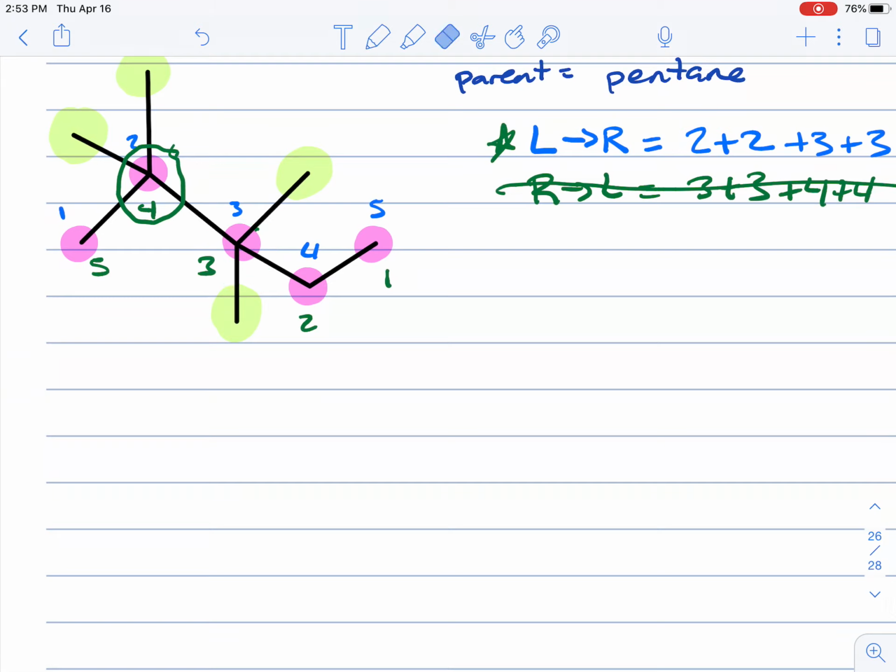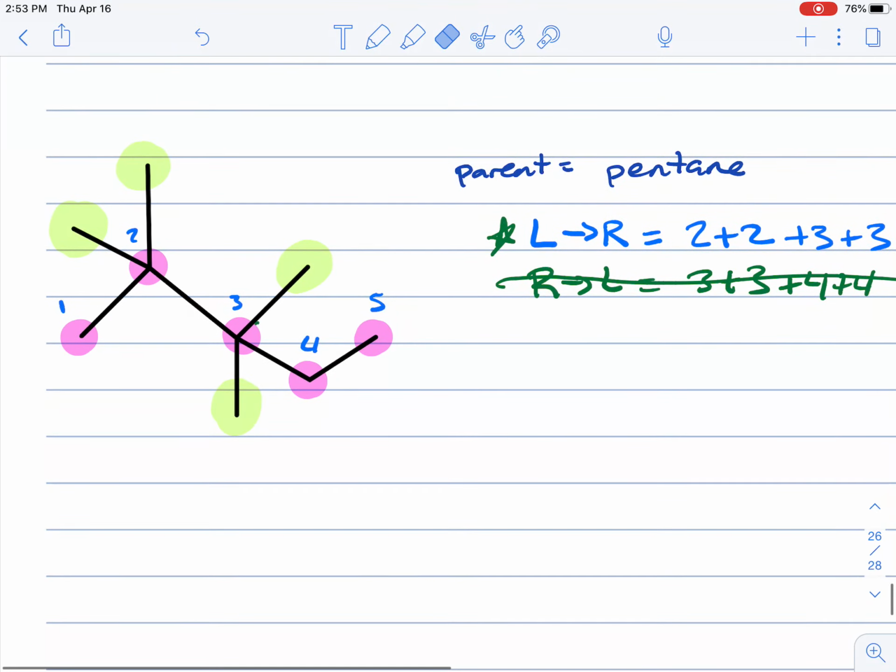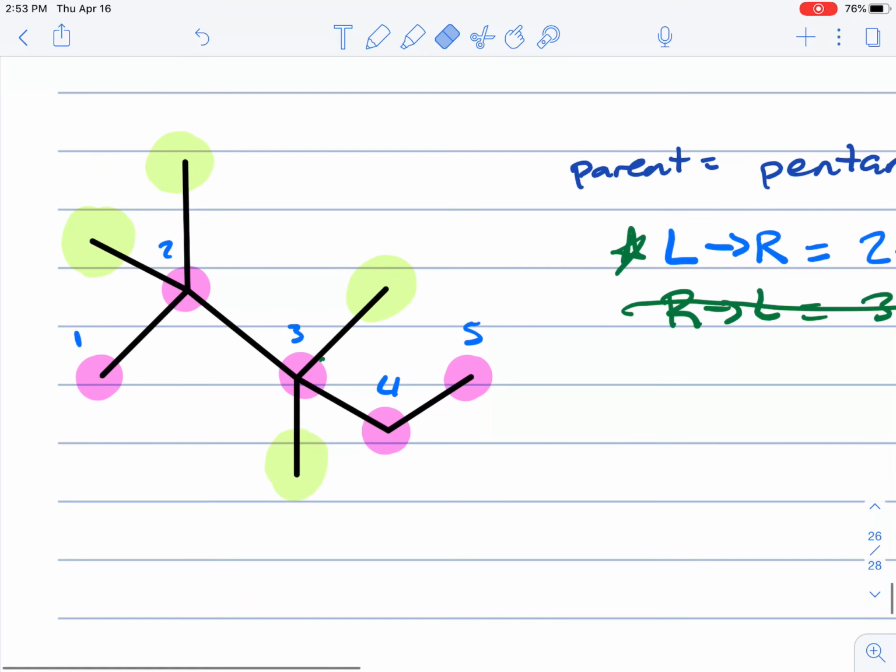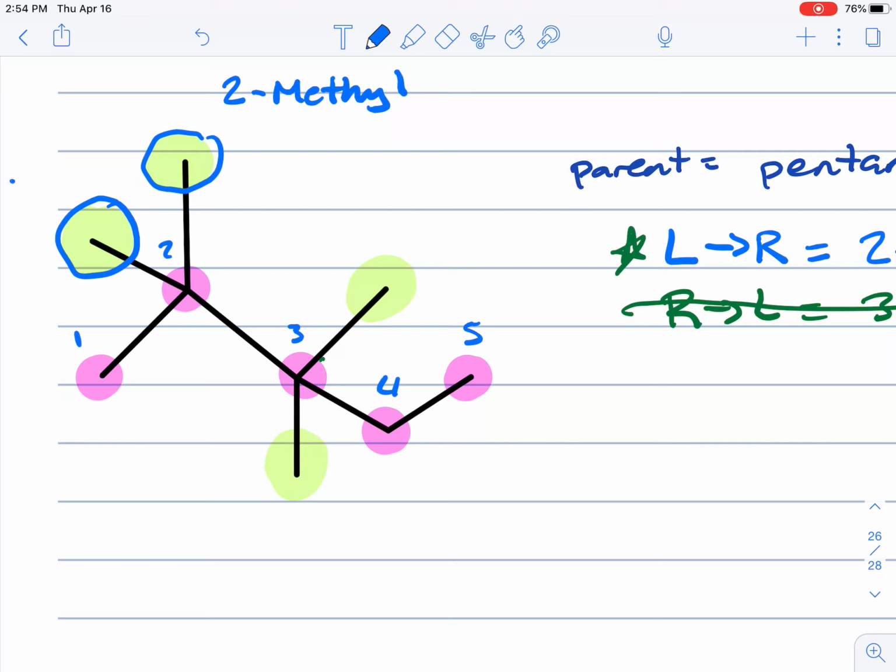So I'm going to go ahead and erase some stuff here. Okay. And I'm just going to keep the left to right numbering system for my carbon chain. All right, so looking at this piece and this piece, notice that they're both methyl groups, they're both CH3s, and so I have a 2-methyl here, and then I have a 2-methyl here.